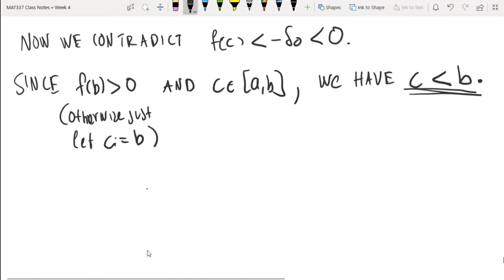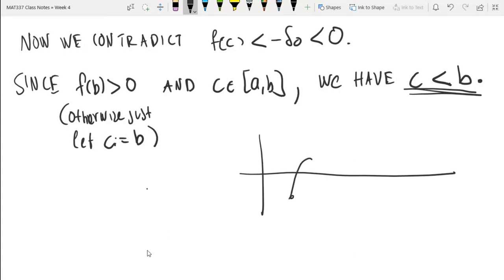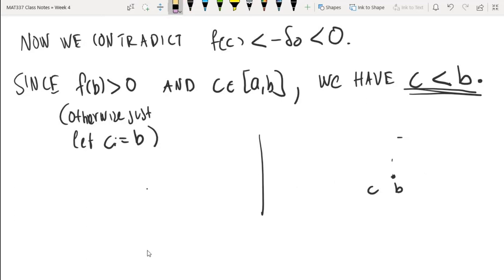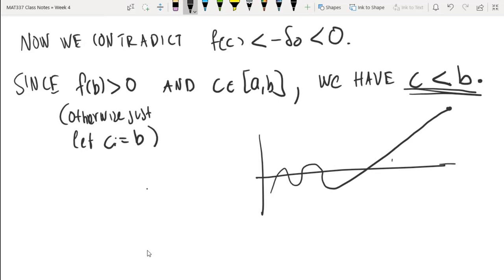All right, so back to the picture. This is C, and this is B. Let me magnify it. All right, so C is strictly less than B. That means we can find points yn in here.